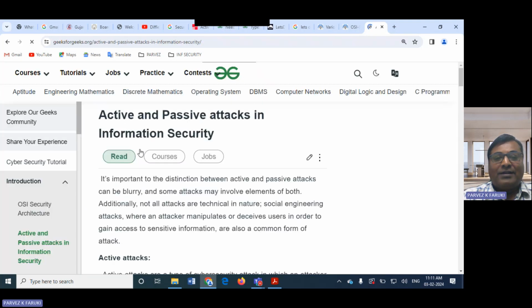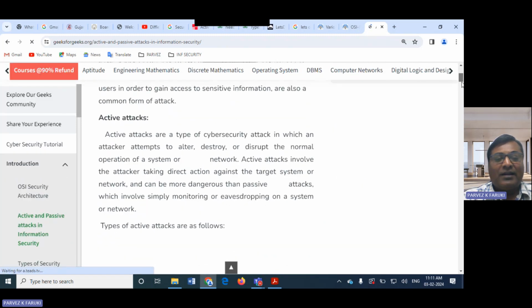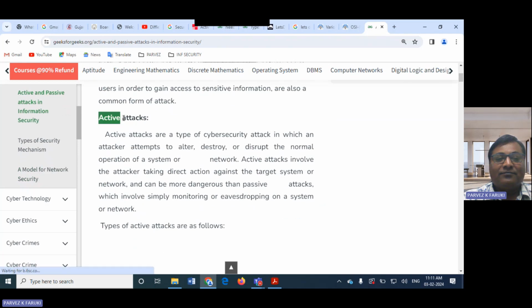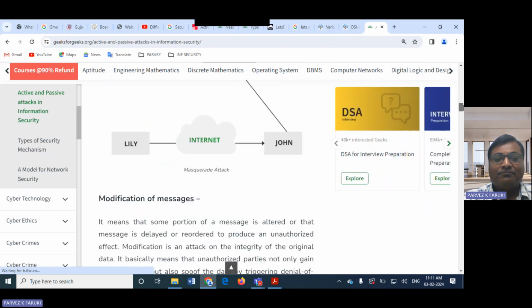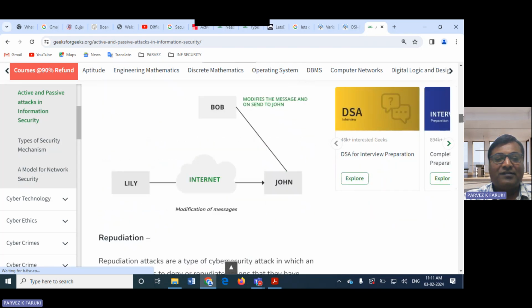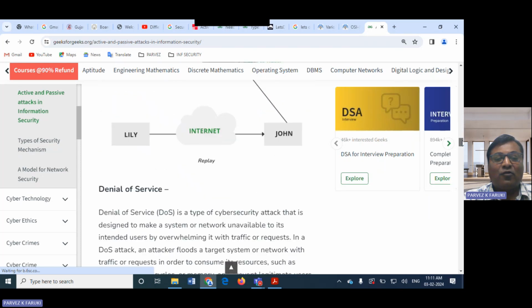When we look at attack types, there are two specific categories. One type of attack is called an active attack, and the other category is known as a passive attack. So what does this actually mean? Let me go to passive attack and then we'll briefly discuss what they are.